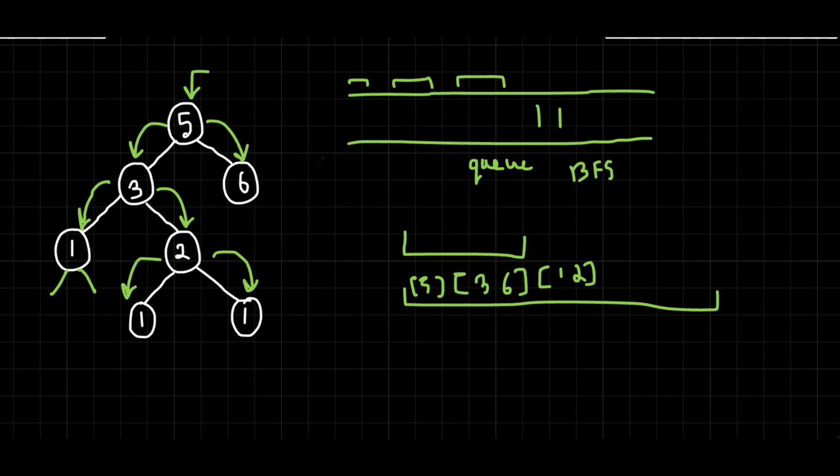Now let's see the iteration of the final level. So here, the top element of the queue is 1. So we have to add 1 to the temporary vector. Now 1 does not have any left or right children, so we don't have to add anything into the queue. Then we have to remove this 1. Now again, the top element of the queue is 1.